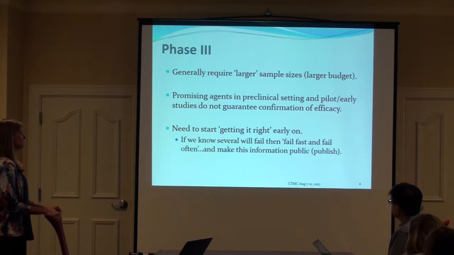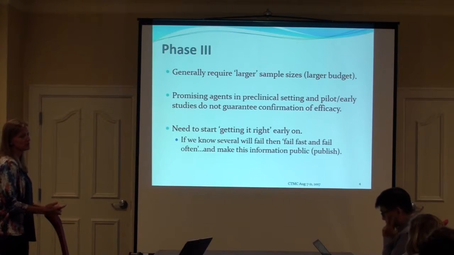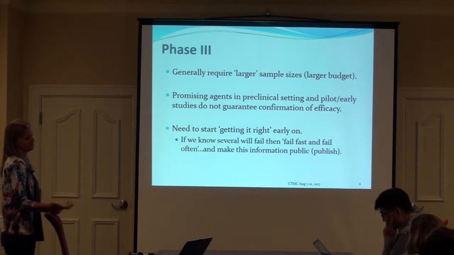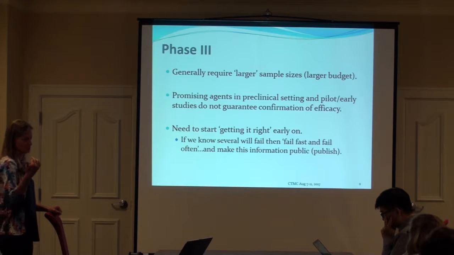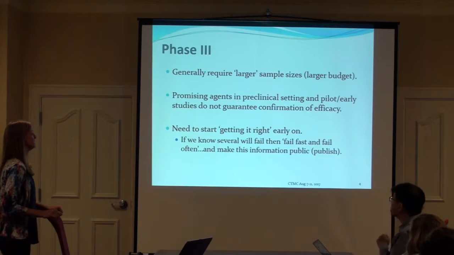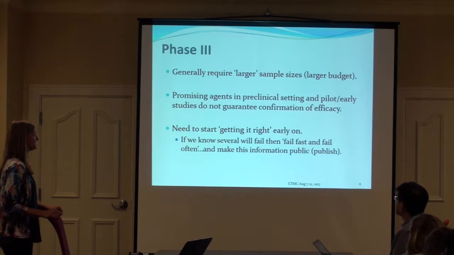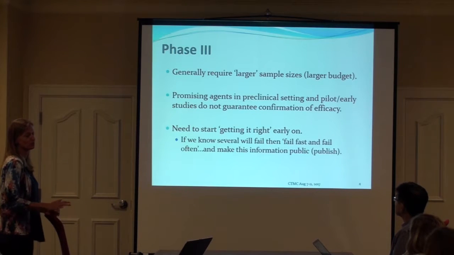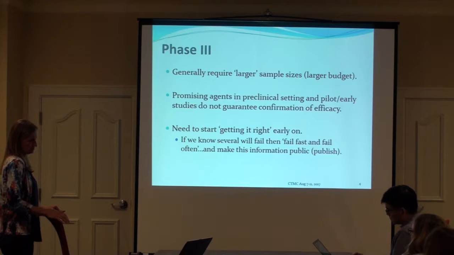And as I mentioned, just because you see something promising in that early phase, don't think that you're going to get a home run in your efficacy. We all know that because, just as Bill mentioned, the success rate is very small once we get to that phase 3 pivotal setting, okay? And that's part of the reason why I believe NIH has been putting in their funding announcements for clinical trials that they want to know what your predefined go, no-go decision is, right?